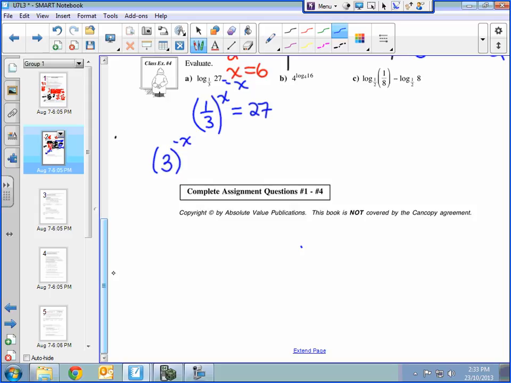Because when I have this fraction 1/3, if I flip it, I have to have that negative. Equals, and then this would be 3 cubed. Does everyone see what I did there? Or I could do 1/3 to the x is equal to, and then I could set this as a base of 1/3. So this would be 1/3 to the negative 3.